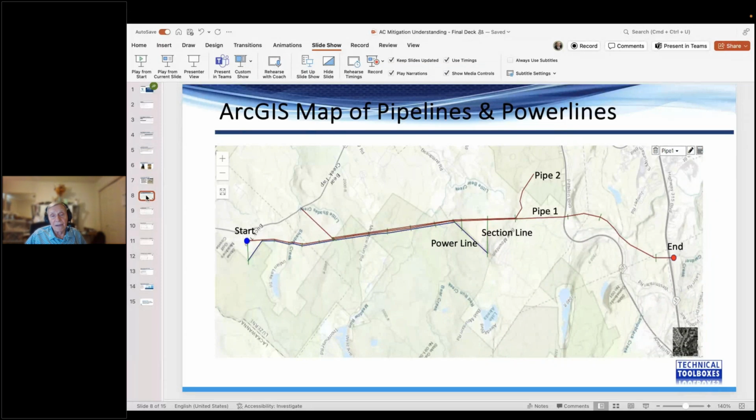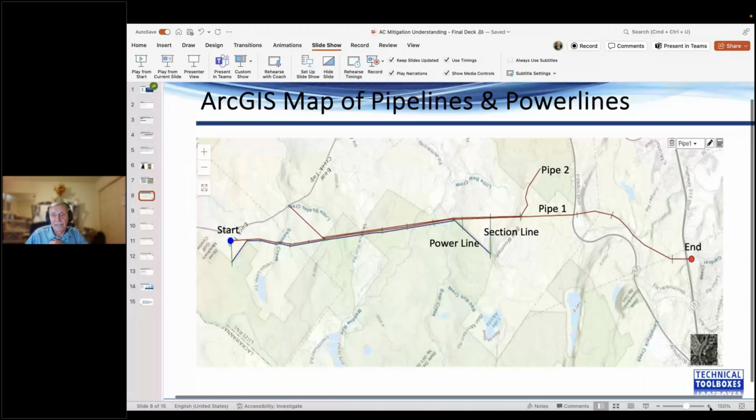Let me pick up on this. I'm going to show you what we have here, and we're going to expand on this. But what we recommend is when you put your section lines, that's these green lines right here. I'll zoom in. All these little green lines are where the towers are located.